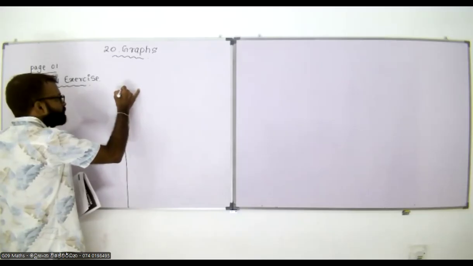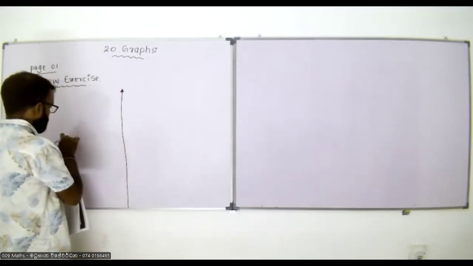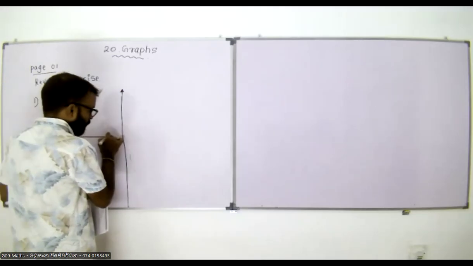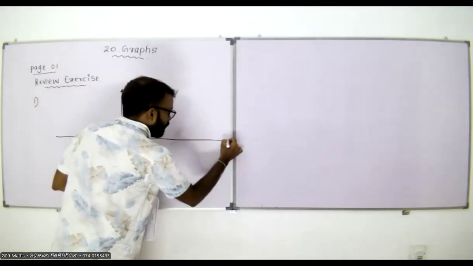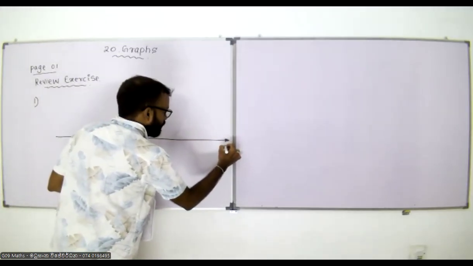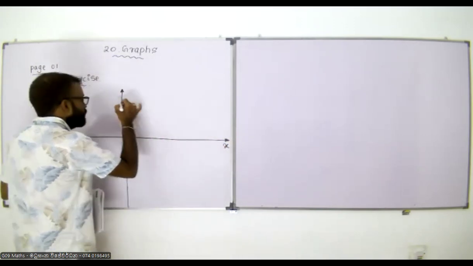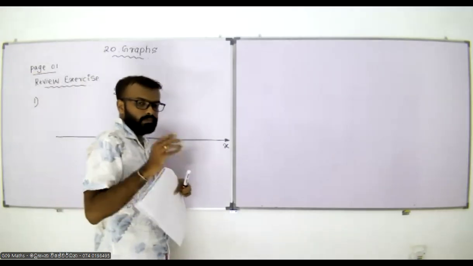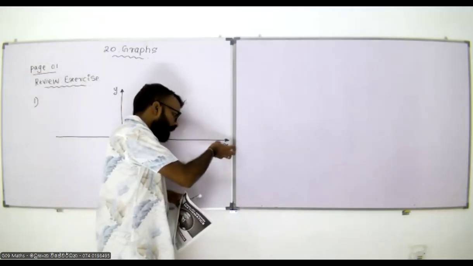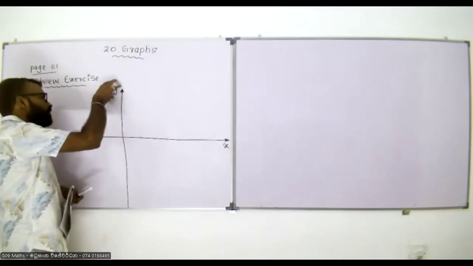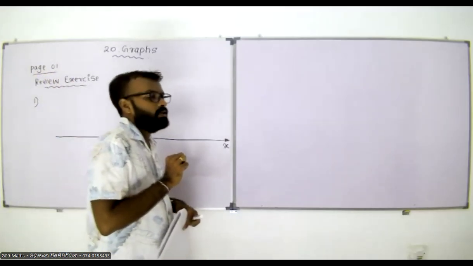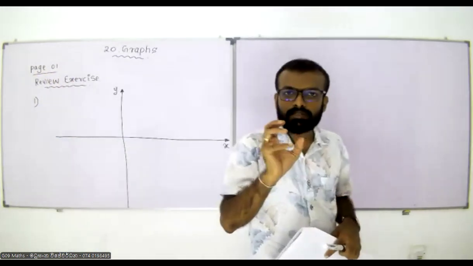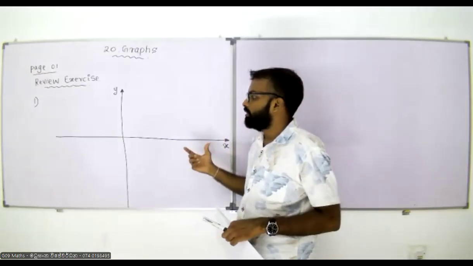So this is my y axis. This is my x axis. Most importantly, don't forget to mark the x-axis label and the y-axis label.